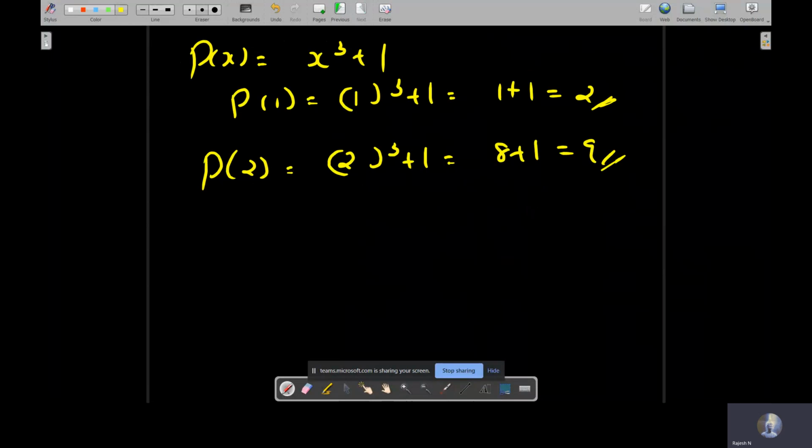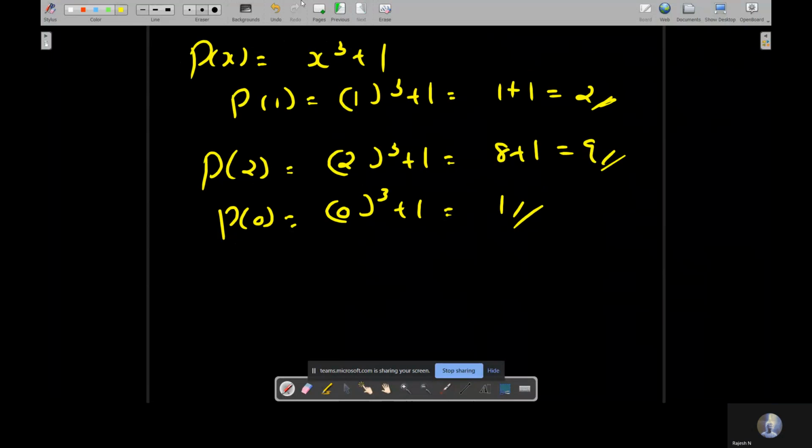So this is also a value of the polynomial. What is p of 0? P of 0 is 0 cube plus 1. 0 cube is 0, 0 plus 1 is 1. Hope you understand, guys. This is called the value of the polynomial.